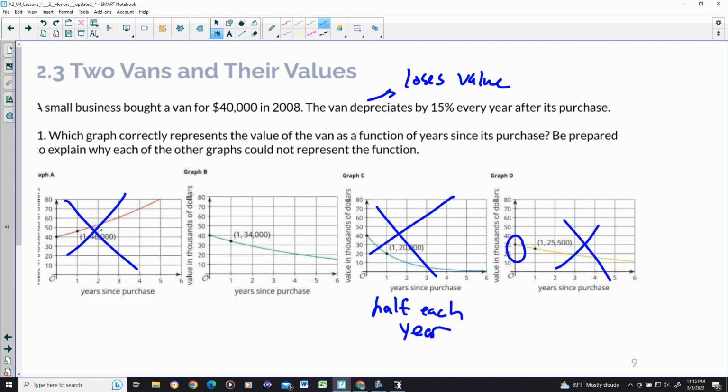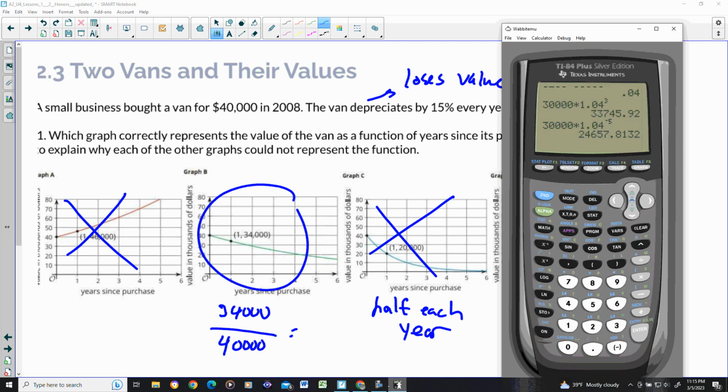Ah, must be this one. But here's one way that you can check it. You can do 34,000 divided by, because that's the first year's value, the original of 40,000. And you will get 0.85.